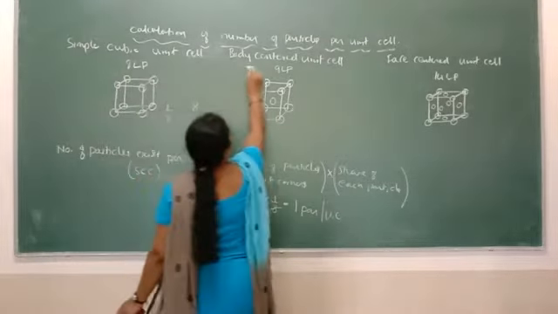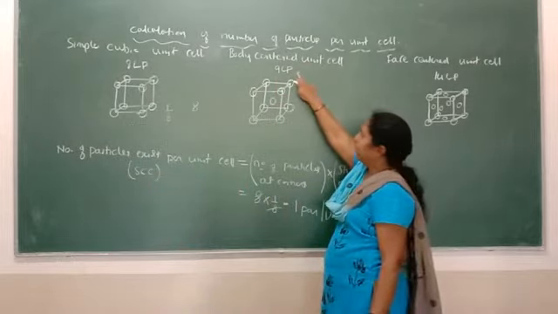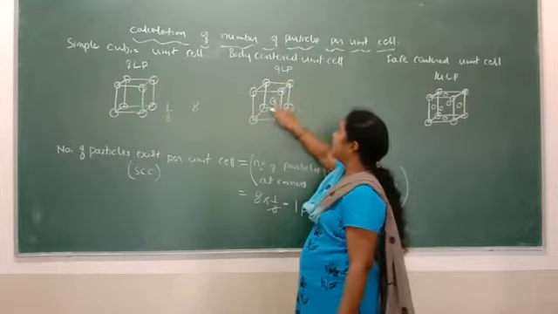Next, coming to the body-centered cubic unit cell. In this, 9 lattice points are there. Among the 9 lattice points, 8 particles are at the corners and 1 particle is at the body center.